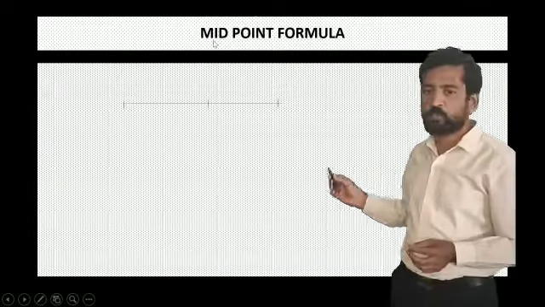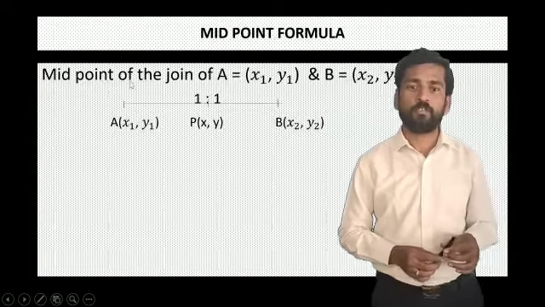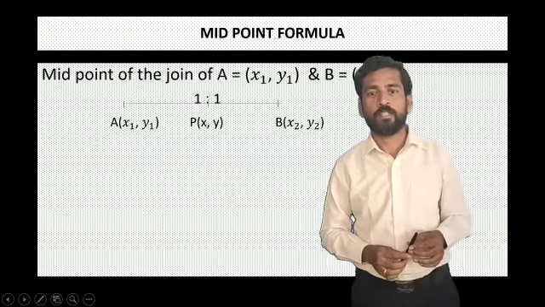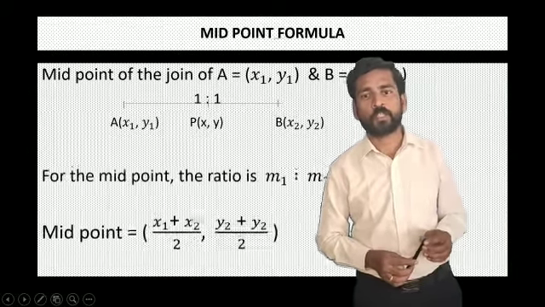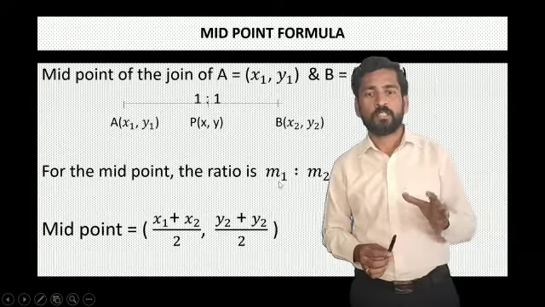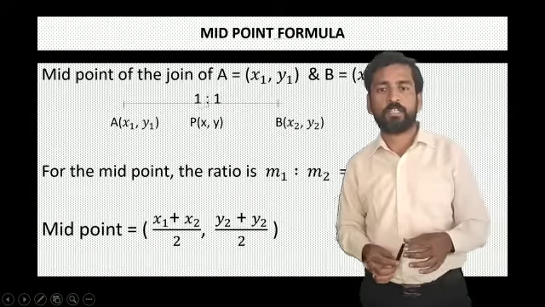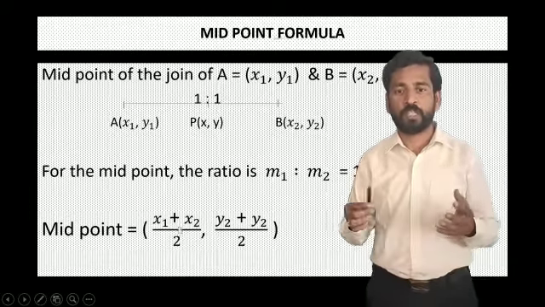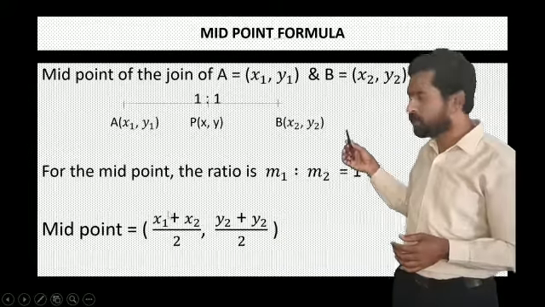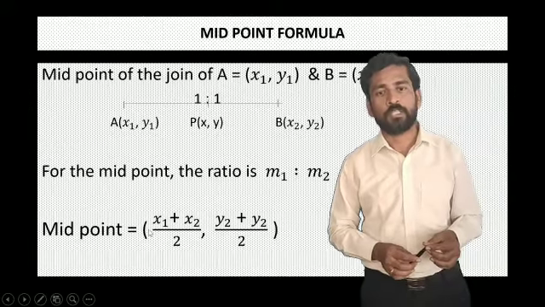And now let us move on to another topic of the lesson, that is the midpoint formula. Midpoint of the join of A of (x1, y1) and B of (x2, y2) in the ratio 1:1. That means if the given point P of (x, y) divides the given line segment into equal ratio, then that point P we call the midpoint of line segment AB.